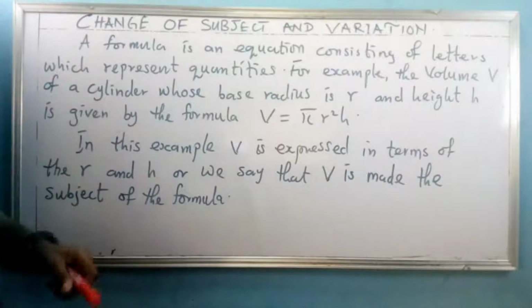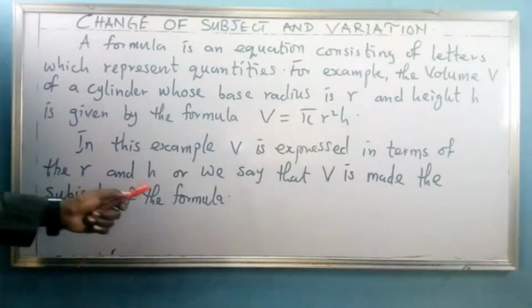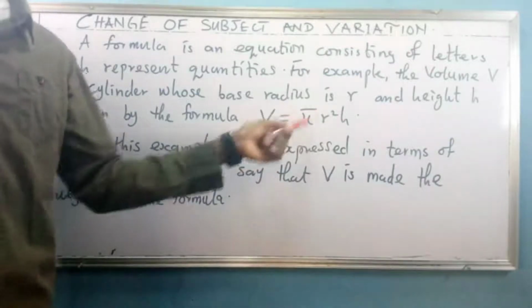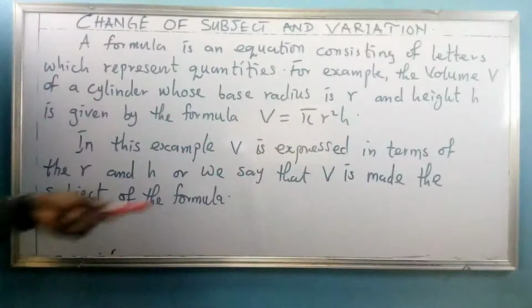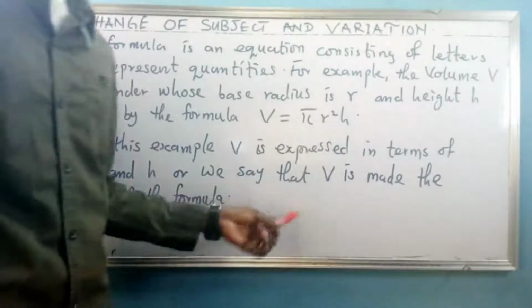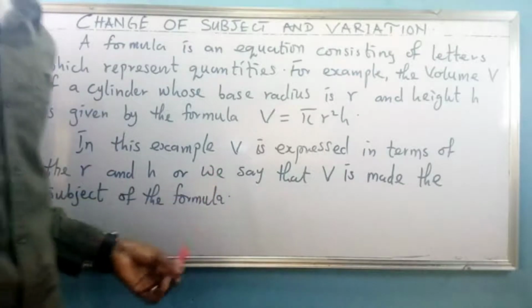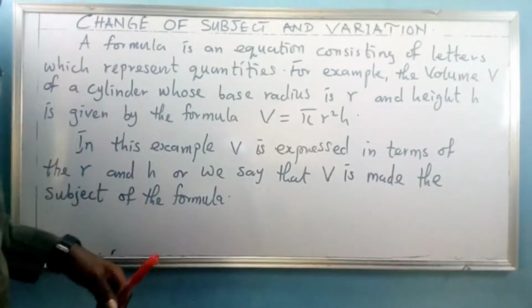Do you get that? In this example, V is expressed in terms of r and h. The meaning of V is everything that we have here, or we can say V is made the subject of the formula. Do you get that?